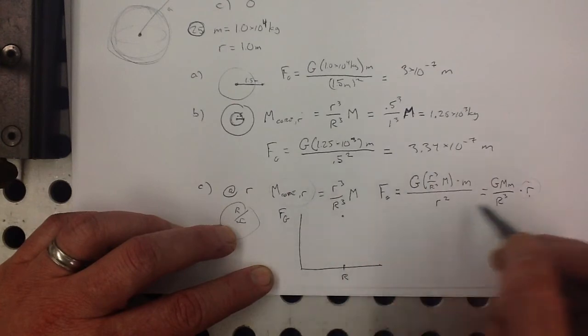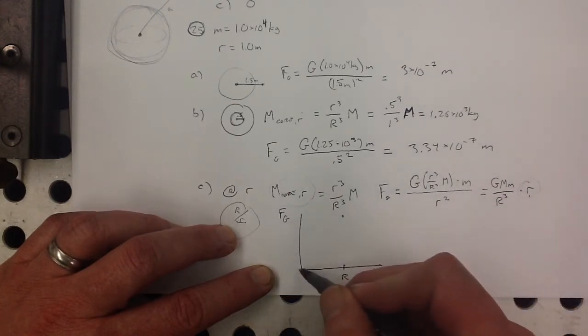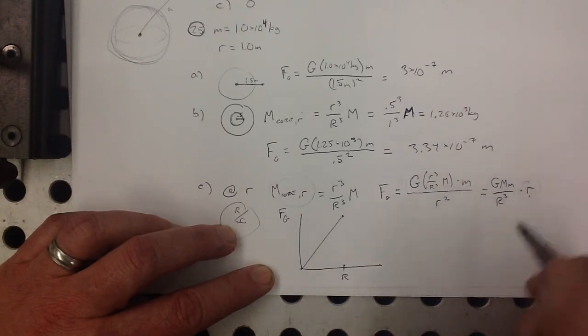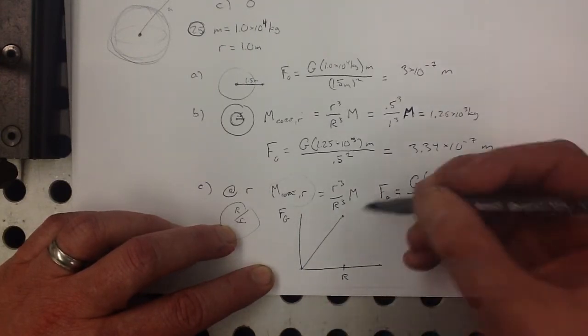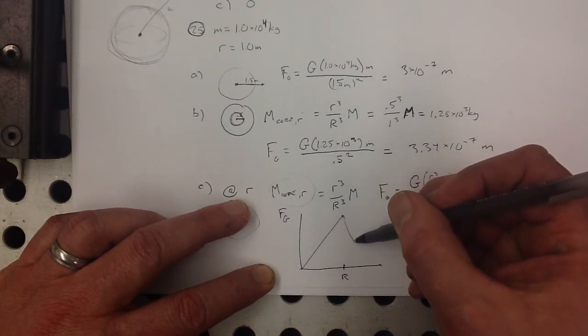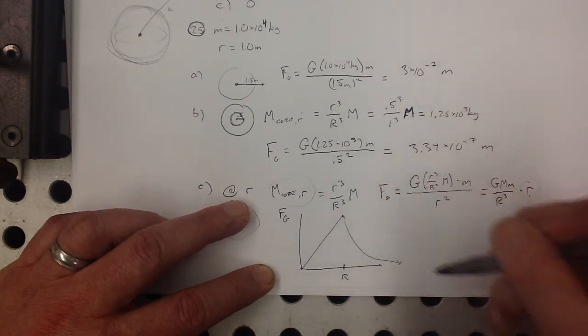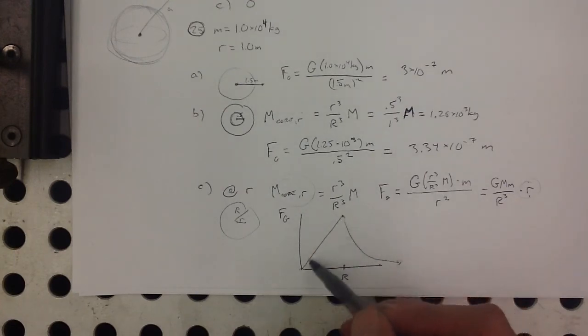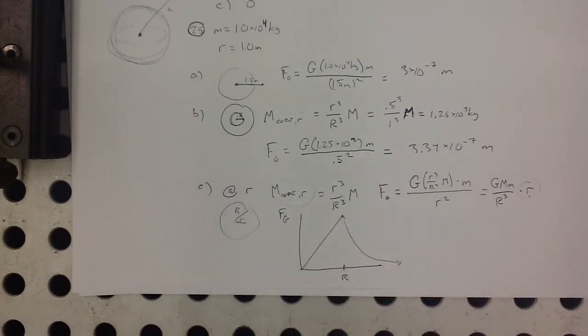And then as you move inside, it goes linearly, right? It's just directly proportional to r, that's your constant of proportionality. And then when you get outside of it, then the r squared kicks in, and you get something that looks like this. But when you're inside it, it just tapers off like a linear function, like that. So that's interesting, for sure.